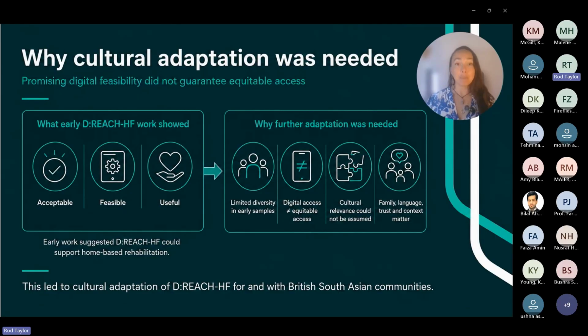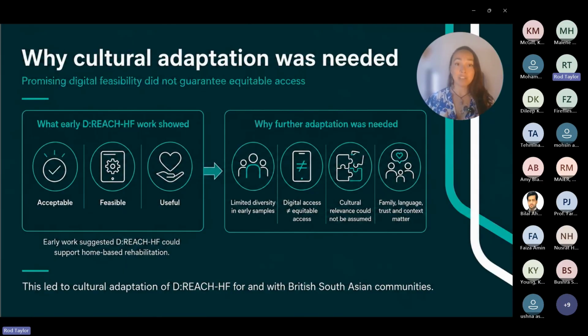A platform may work well for one group while still failing to address language, culture, trust, family roles, digital access, literacy, or service pathways for others. So this led to further work, culturally adapting DREACH-HF for and with British South Asian communities. For across, this is particularly relevant.